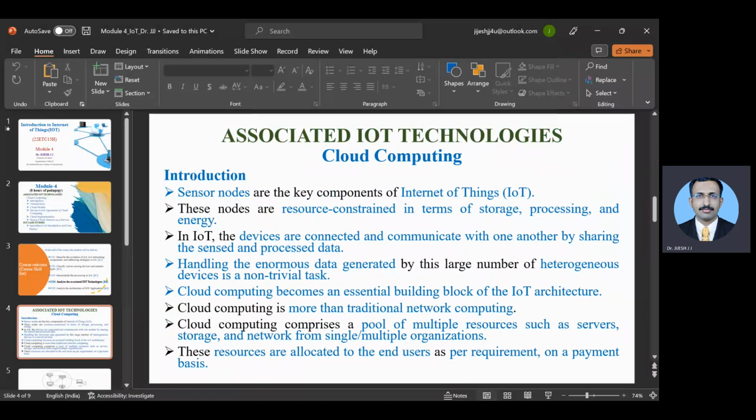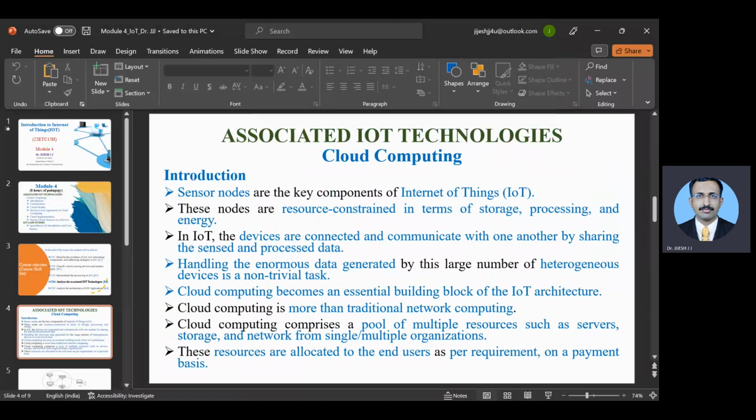See, till now we have dealt with sensors. You know that each sensor is connected to a device and you can measure all the parameters like pH, temperature, whatever parameters you are associated with. Any parameter you can measure based on your requirements, and for that you will be using the specific sensor. Now, you can say that sensor nodes are the key components of the Internet of Things. Why?